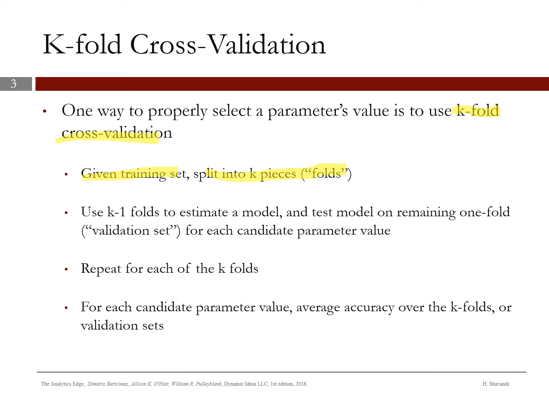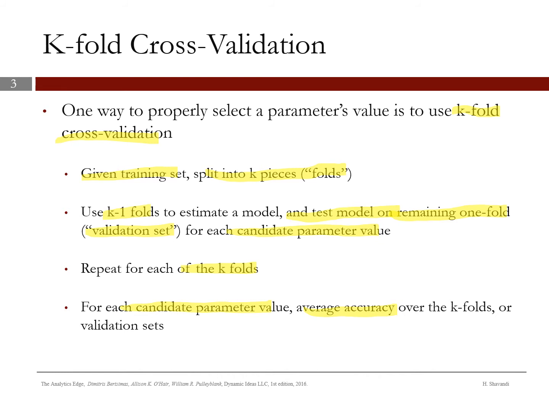Then we use k minus 1 folds to estimate a model, and the model is tested on the remaining one fold, which is called the validation set, for each candidate parameter value. We repeat this for each of the k folds. At the end, for each candidate parameter value, we calculate the average accuracy over the k folds, and that is our measure to see which candidate parameter value is the best.